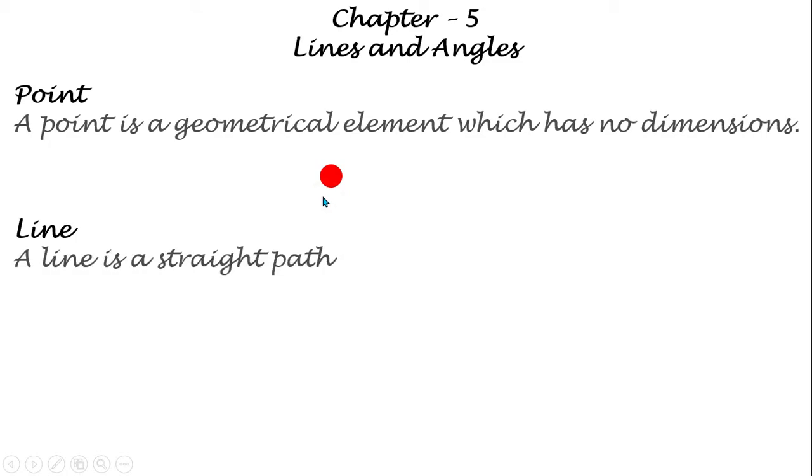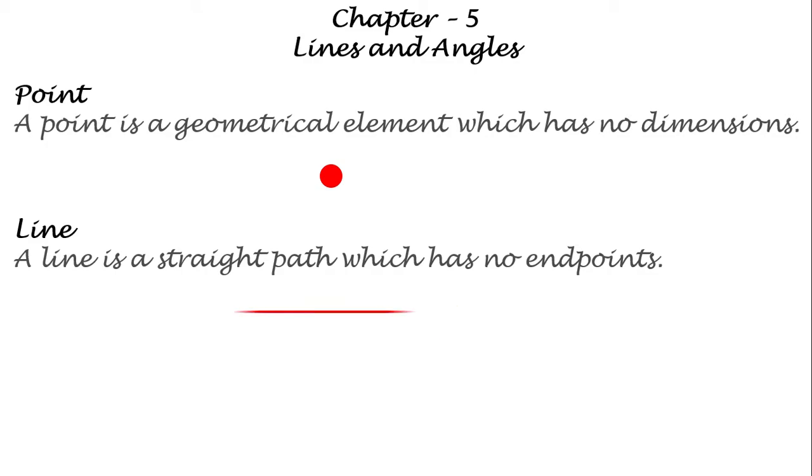A line is a straight path which has no endpoints. A line does not contain any endpoints. See how it will be drawn. You see in this figure, do you notice these two arrows?